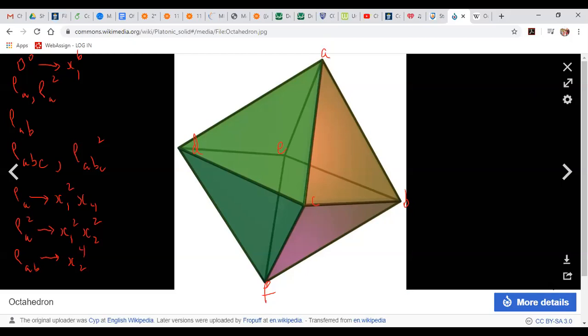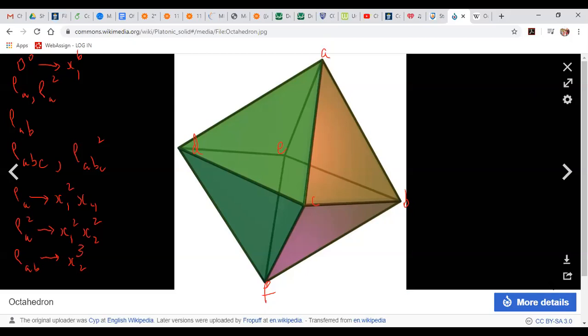Actually, hang on a second. Not 4 2 cycles, 3 2 cycles. Sorry. Right, because A and B go back and forth, D and F go back and forth, and E and C are flipping back and forth. B and D don't go back and forth. Only D and F do when you do that. So it's x2 cubed.